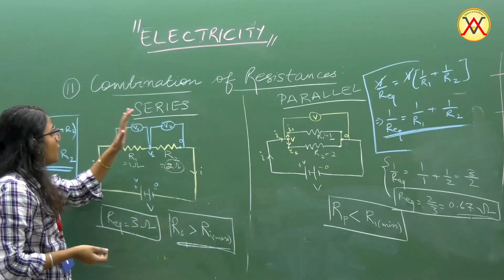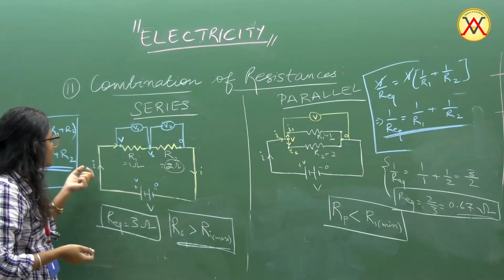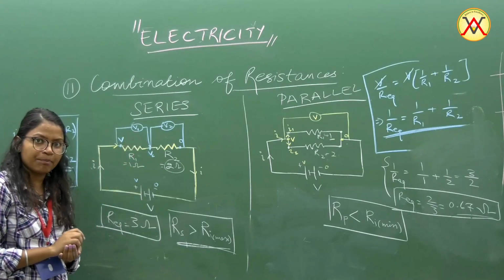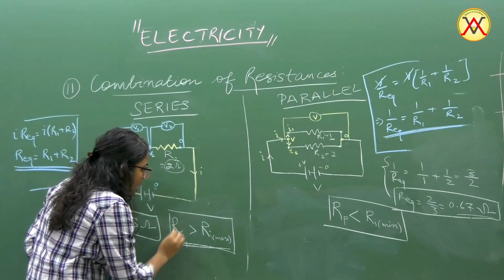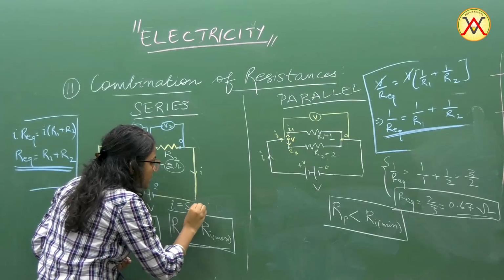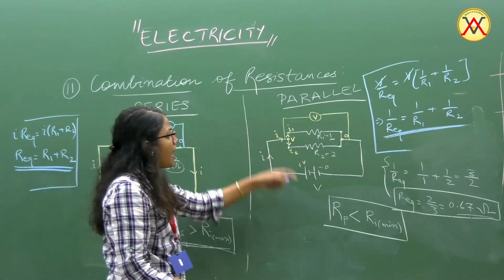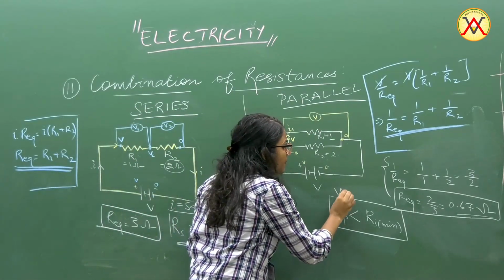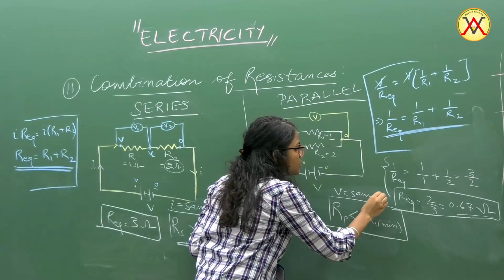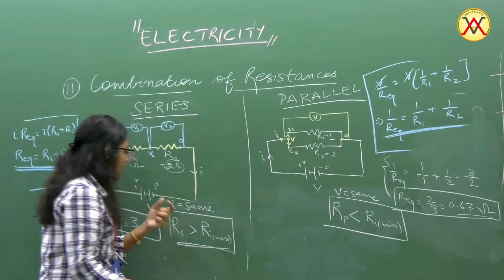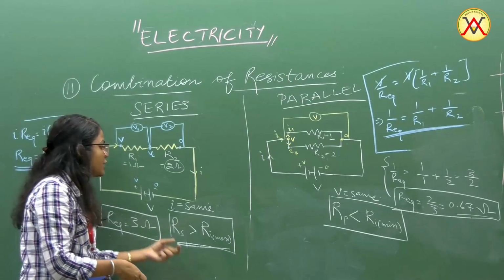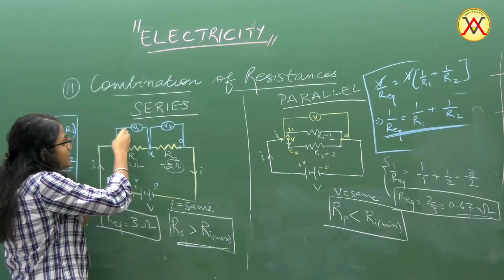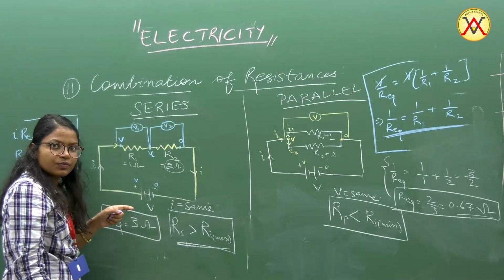Next conclusion. In our series combination, current remains the same, right? I is the same. But in our parallel combination, what remains the same? V is the same. Then in our series combination, voltage is divided into V1 and V2.